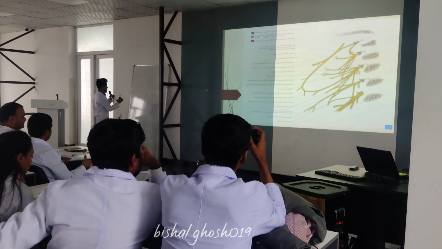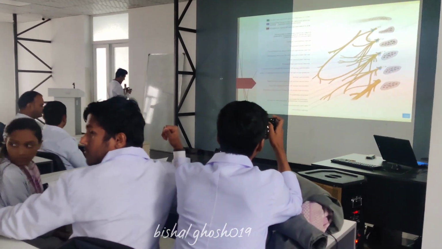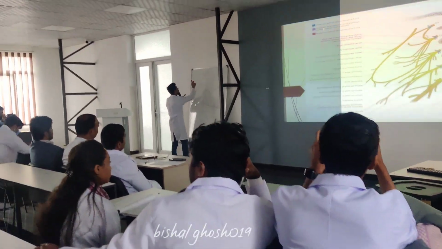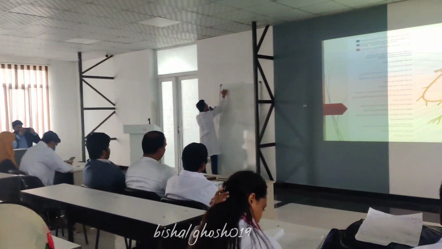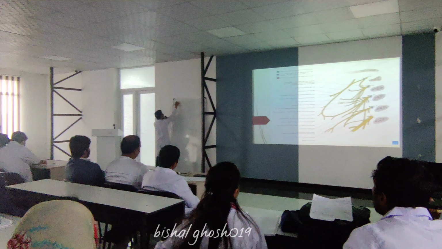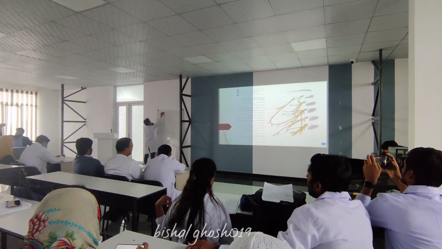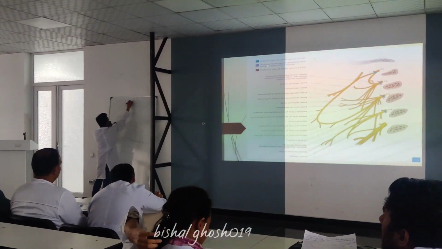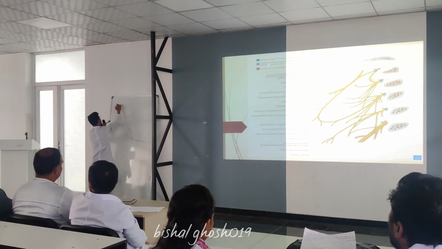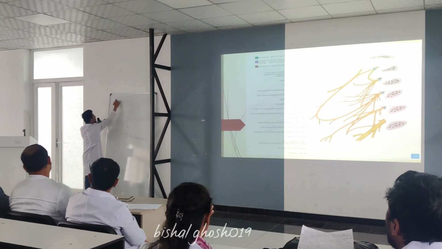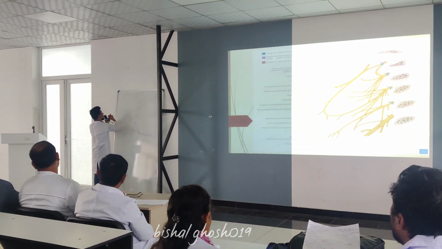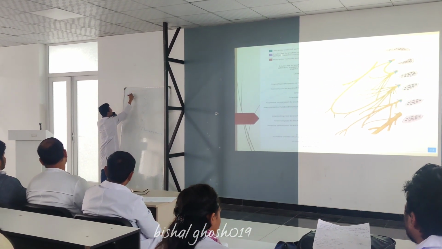We are going to make two types of nerve here, which will innervate our muscle. That's the muscular nerve, and the other is the subcutaneous nerve.